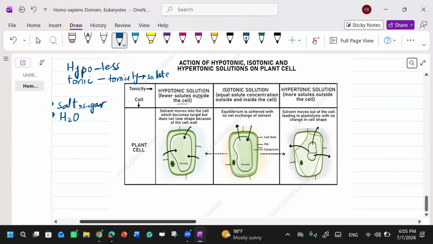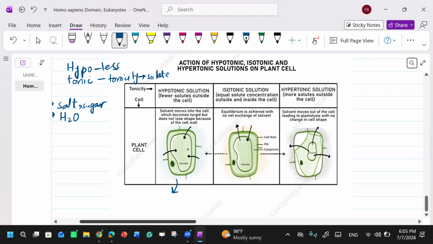Now read this again. They have mentioned hypotonic solution. Firstly, understand this terminology. Hypotonic solution means that there is less solute outside the cell.